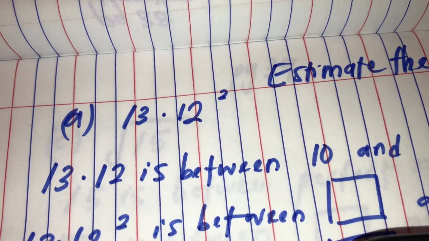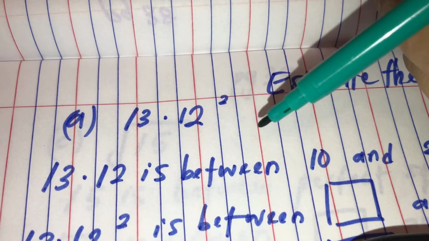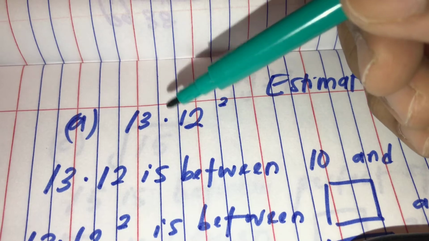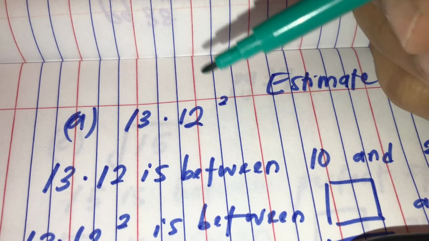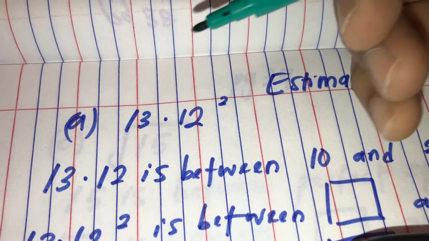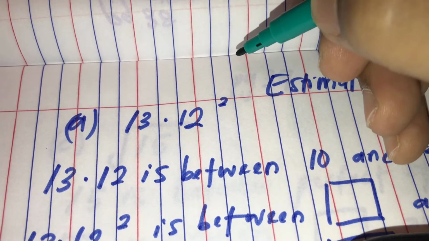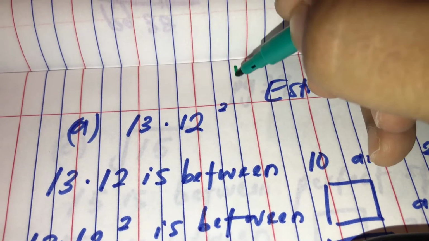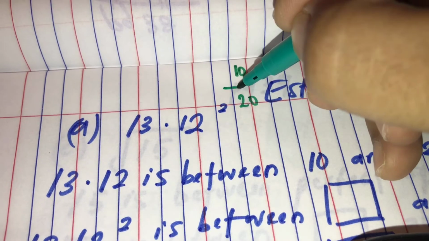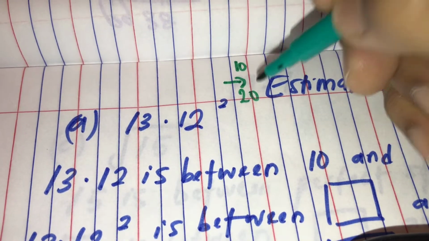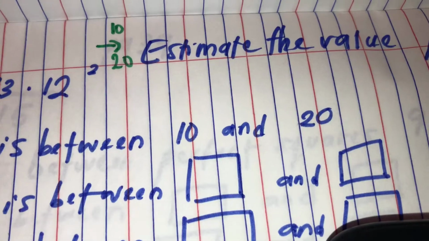For this 13.12, you have to find the nearest value. You choose the whole numbers, you know that 13 is in the middle of 10 and 20, so you choose 10 and 20. That's why the question gives you 10 and 20.